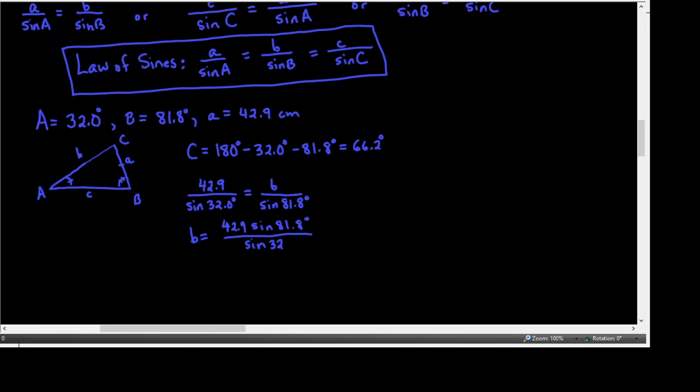It's just something I always do. So I switched the sides of the equation, and I also multiplied both sides of the equation by the sine of 81.8 degrees. So make sure your calculator is in degree mode, and I would like for you to type this calculator-ready form of B and get an answer. So pause the recording and type this in and make sure you can get the correct answer.